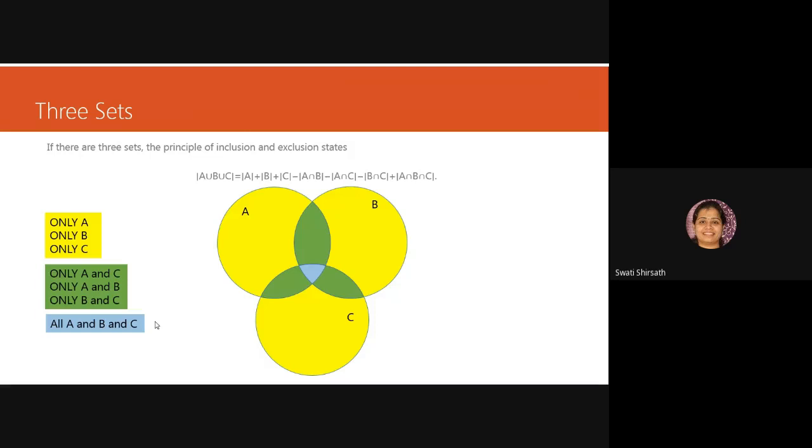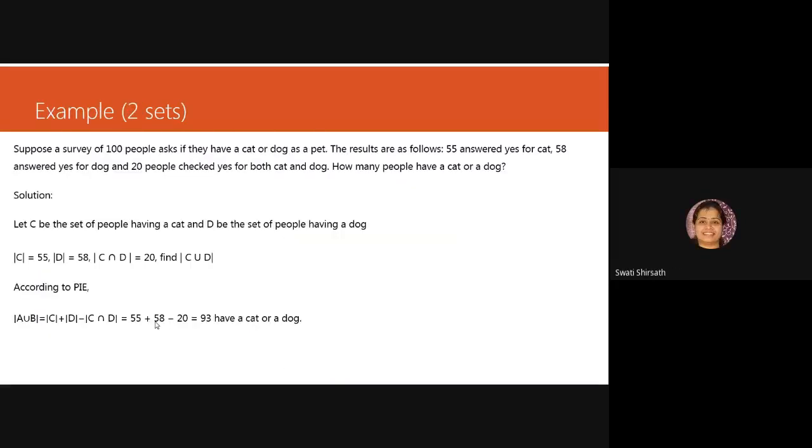Done? Yes. Then write this example. Write the example in short. You can write only this thing also.